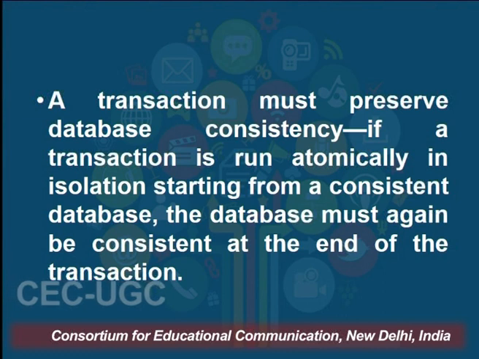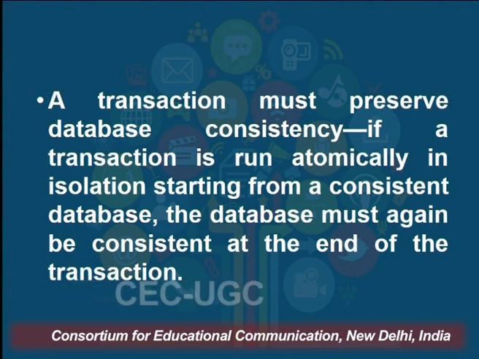So, this property says if a transaction is run atomically in isolation starting from a consistent database, that means when the transaction started, the database was in a consistent state. Now that transaction is running atomically, that means as a complete unit, which cannot be further subdivided. It is also running in isolation, that means the two transactions are not interfering with each other.